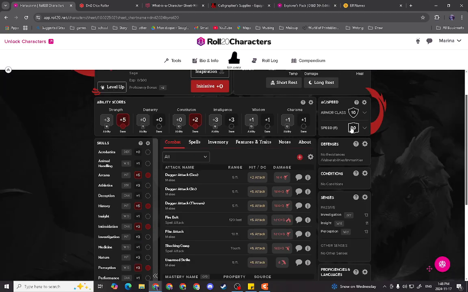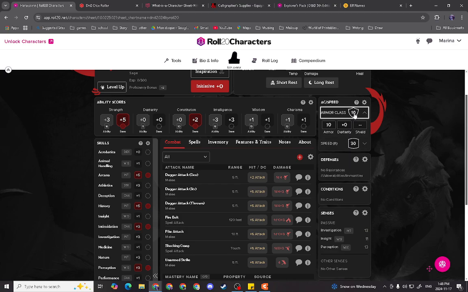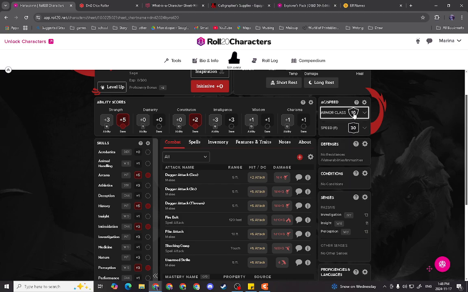Okay. You have 30 feet of speed, so you can move up to 30 feet in one turn when you're under attack. Oh, wow. Okay. And your armor class is a 10, which means that if someone wants to attack you, they have to roll a 10 or higher. Okay.